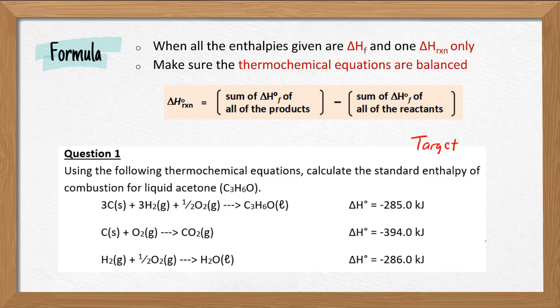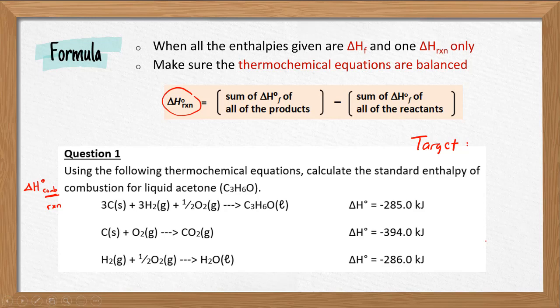So the standard enthalpy of combustion: write down the symbol, standard enthalpy of combustion. You can also write this as the enthalpy of reaction. And for this target, you need to write the equation. I will show you in the next slide.